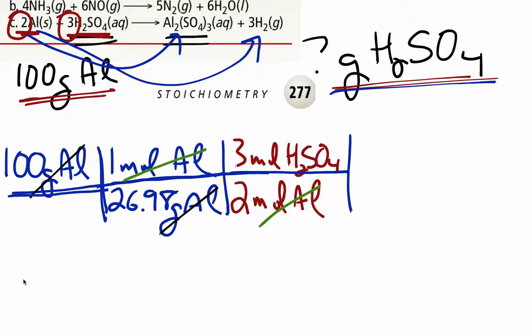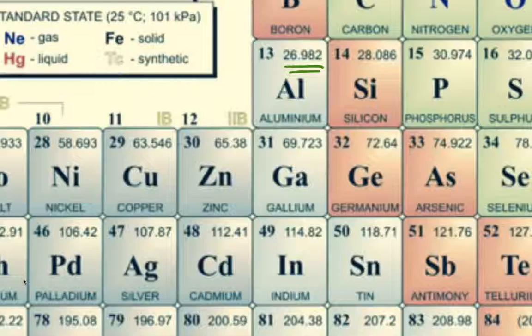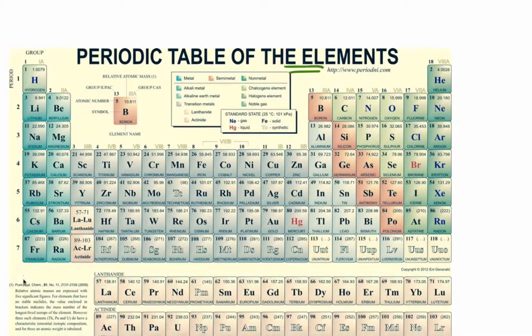So I have 100 grams. That's what I'll start with. I converted it to moles. I used the mole ratio to convert it into another substance. So molar mass is my first step. My second step is going to be the mole ratio. Last step, I want this back out as a mass, so I'm going to have to look at the periodic table again and add up the mass for sulfuric acid.